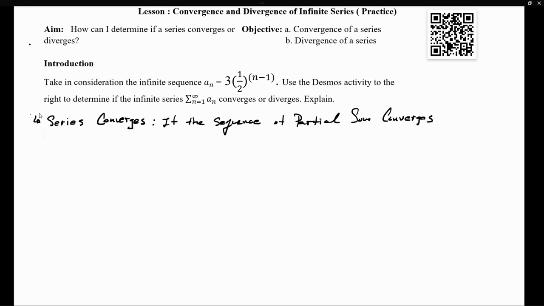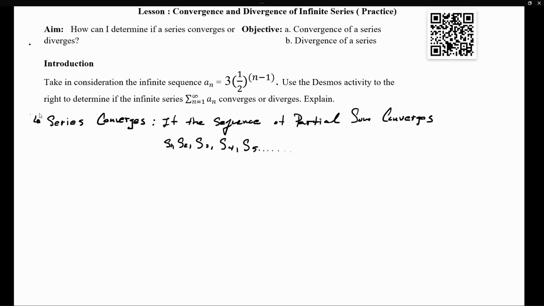If you were to write down the first partial sum, and the second, and then the third, the fourth, the fifth partial sum, and so on, and we see that the sequence is converging, then we can state that the series is converging. So that's what we want to do.